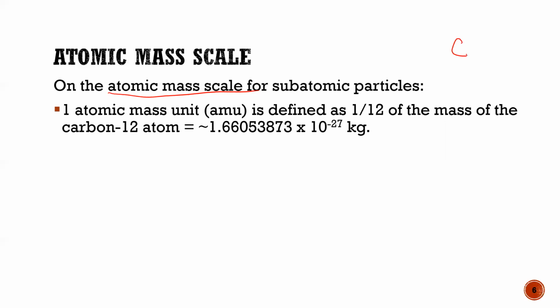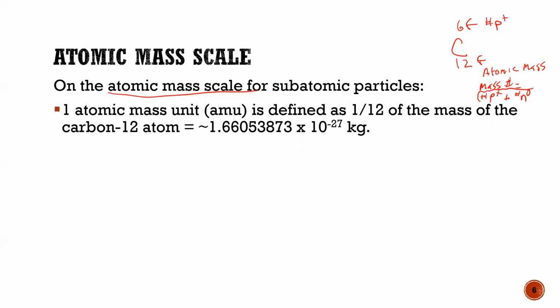Carbon-12, if I write that down, I could write 6 and 12. If you remember, the 6 represented the atomic number, which was the number of protons. The 12 represents the atomic mass, or really what's a little more accurate is the mass number. And the mass number just equals the number of protons plus the number of neutrons.